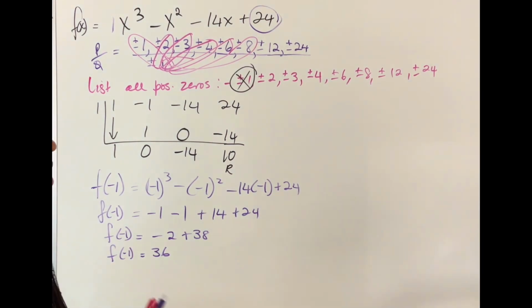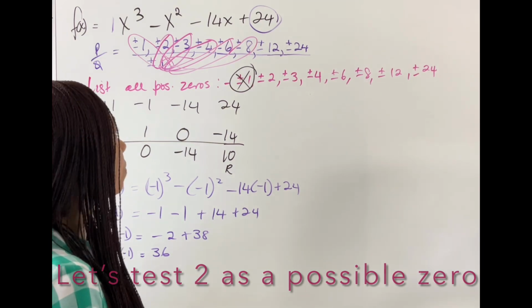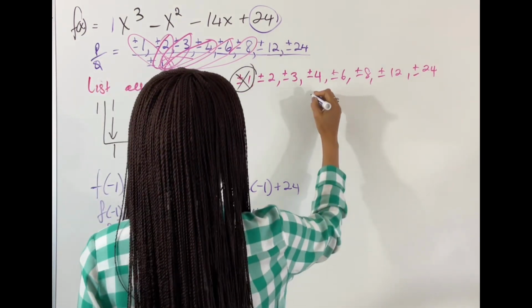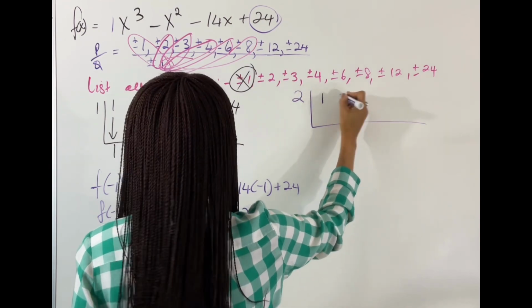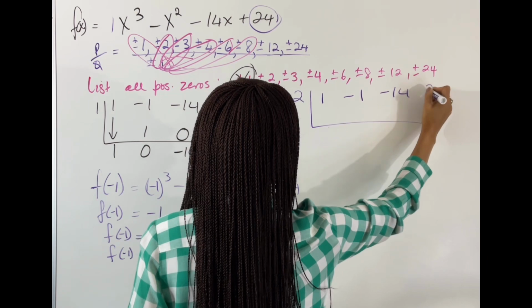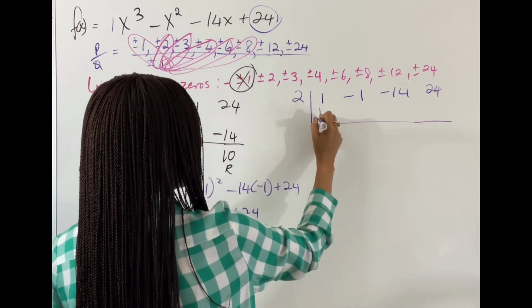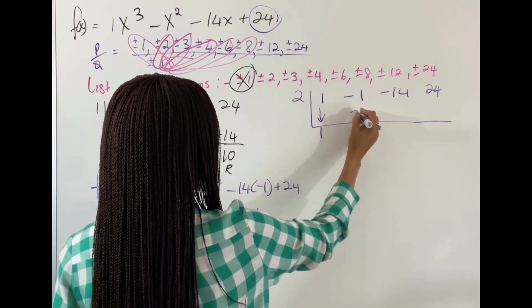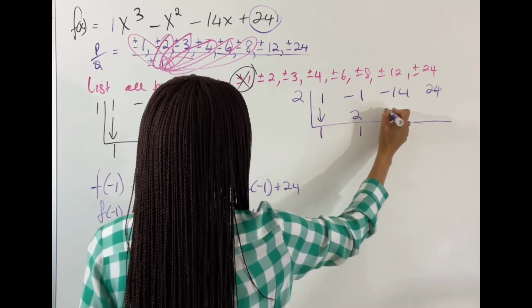So let's continue. We are going to test 2 as one of our possible zeros. So let's set this up. 2 is here. We have 1, -1, -14, and +24. So we bring down our 1. 2 times 1 is 2. We add this, we are going to get 1. 2 times 1 is 2.